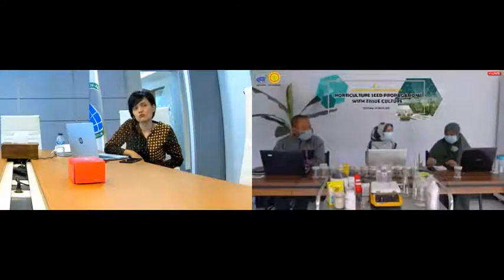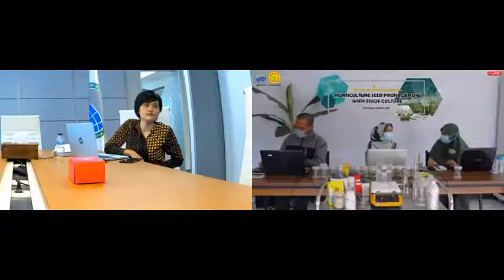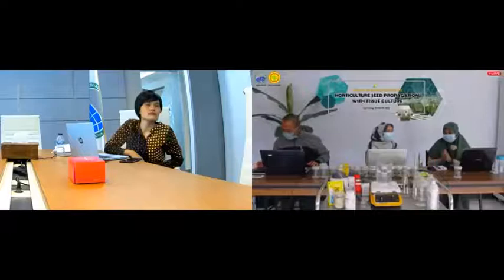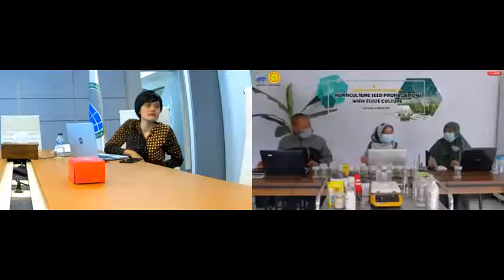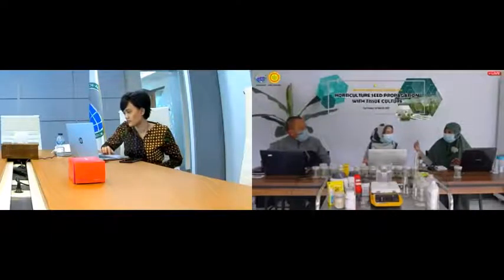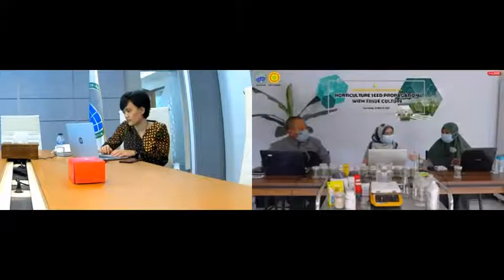Even though some of the farmers also have a simple laboratory. For example, as an alternative, we don't always use the expensive LAF, laminar airflow. There is a simple type of laminar airflow. In our laboratory we use a laminar airflow with UV lights and a blower. But there is another container that you can use for a simple laboratory. We call it NCAS.